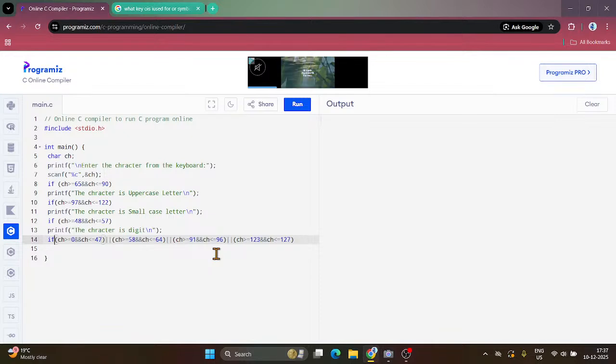Here comes a note, because these characters are being used by others. 58 is used by others. How come 58?